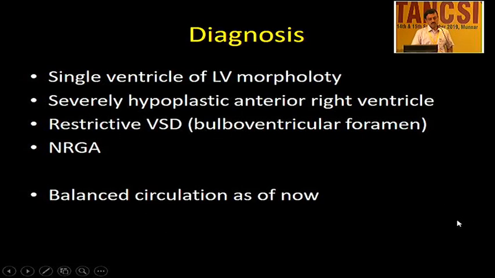So this diagnosis will be single ventricle of LV morphology, severely hypoplastic anterior right ventricle, a restrictive VSD, which is basically a bulboventricular foramen, and normally related great arteries. Sometimes when a single ventricle has normally related great arteries, we call it Holmes heart. Because the child was having a balanced circulation and relatively well-maintained systemic saturation, he was just kept on medical follow-up.